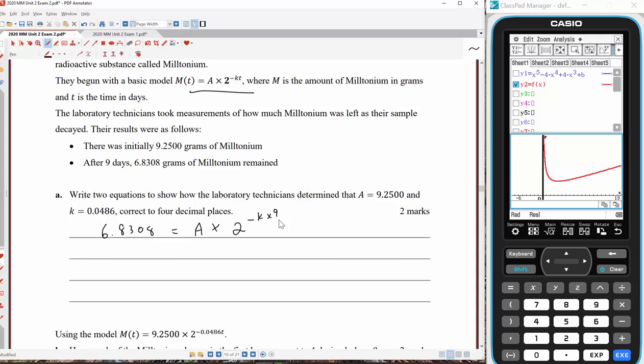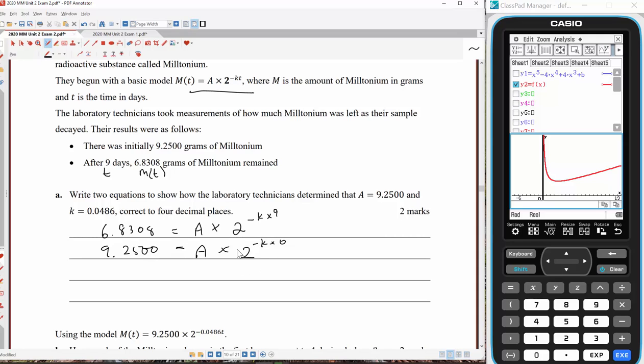After 9 days, or t is equal to 9, we're basically subbing that for t and that for m of t. Equals a times 2 to the negative k times 0. So these are the 2 equations that we would use to determine.